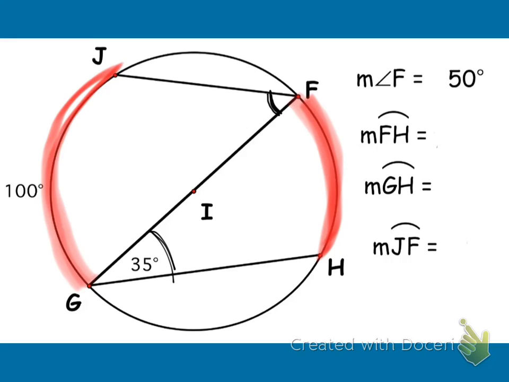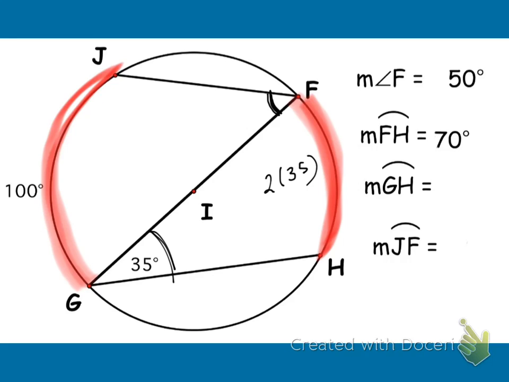And if the inscribed angle is half of the intercepted arc, which FH is, that means the intercepted arc is 2 times the inscribed angle. So FH is going to be 2 times 35, or 70 degrees.